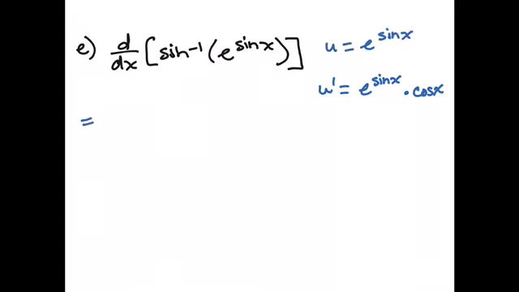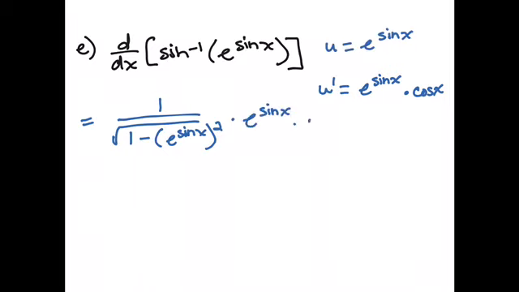So then, if I use the formula for the derivative of inverse sine, I get 1 over the square root of 1 minus u squared times u prime, which is e to the sine x, times cosine x.